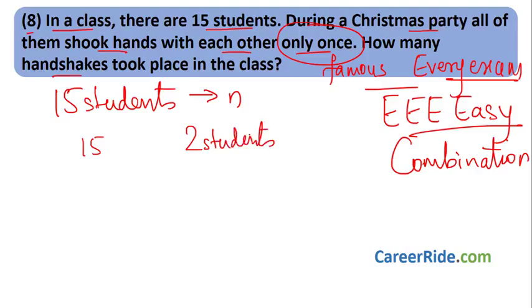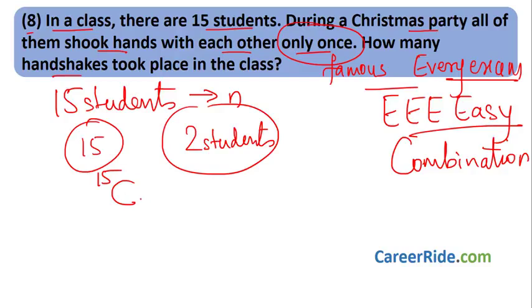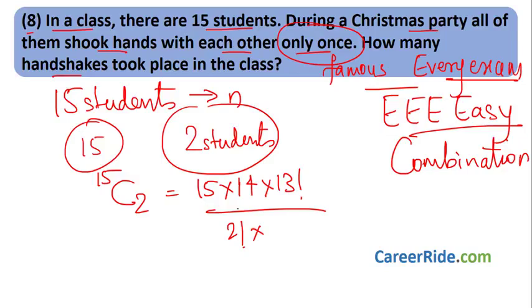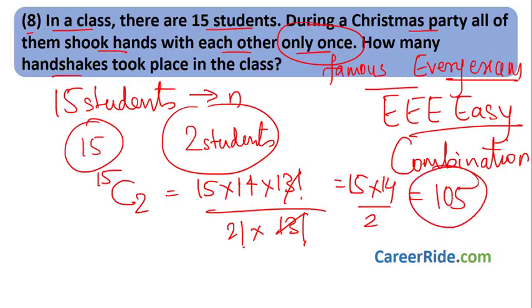So we have to select 2 students out of 15. Select means combination. This is the answer. What do we get? 15 into 14 into 13 factorial upon 2 factorial into 15 minus 2, 13 factorial. That would be 15 into 14 divided by 2, 105. 105 handshakes take place in the class.